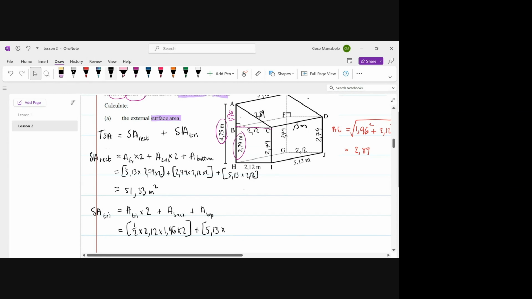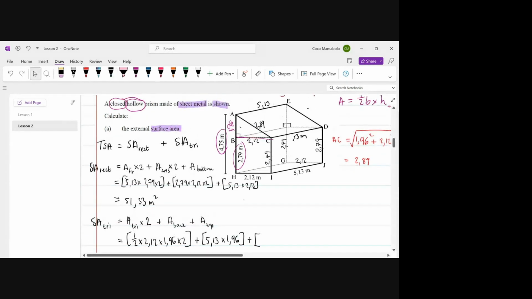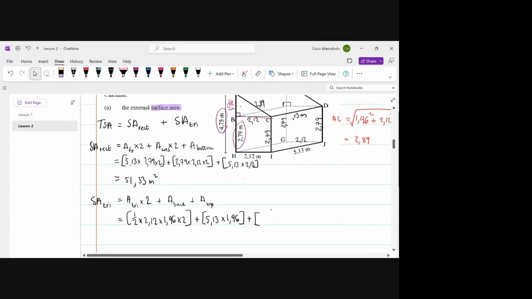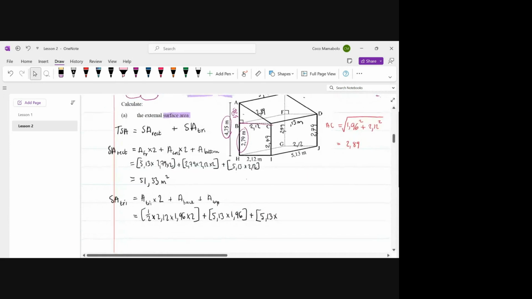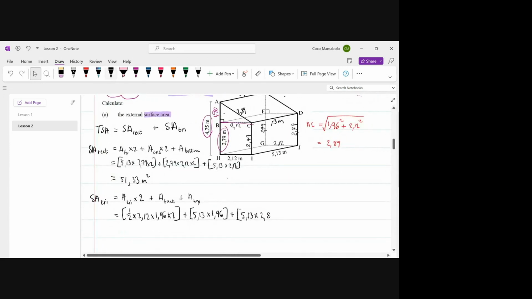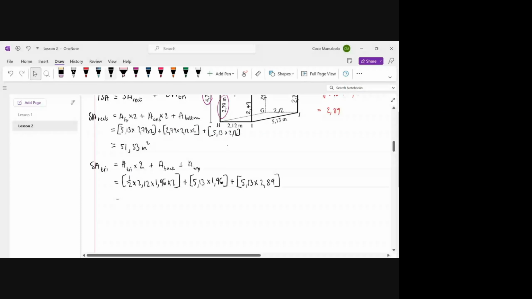So 5,13 times 1,96 plus the area of the top. I now have my length, still 5,13, times the new breadth that I've just found using Pythag, 2,89. All right, and we just punch that into a calculator and we get an answer.